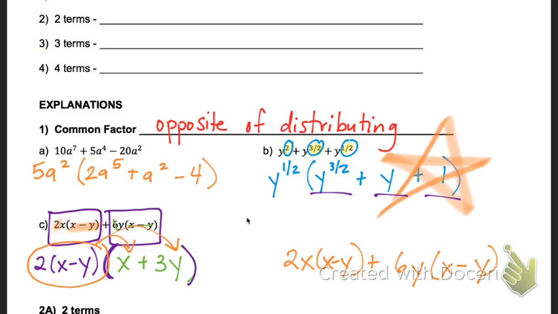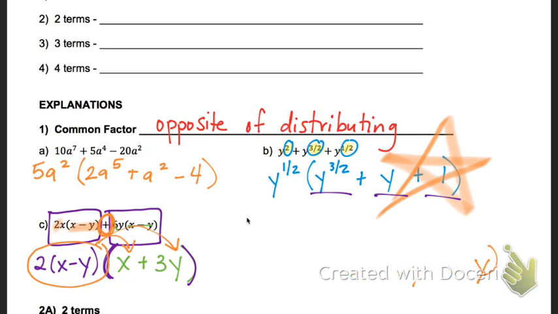Because this is plus right here. Does the parentheses just go away? Well, it just stays in the parentheses.